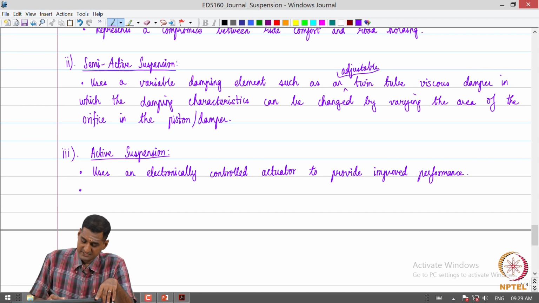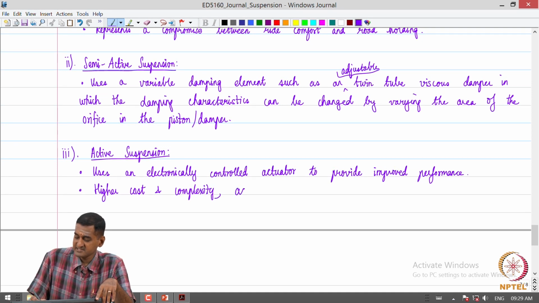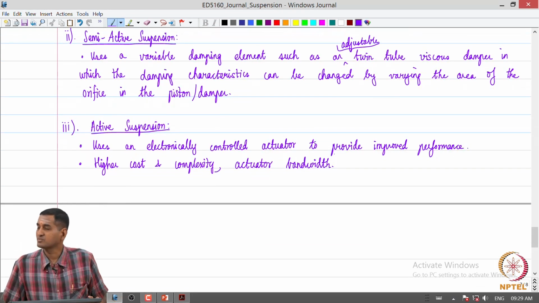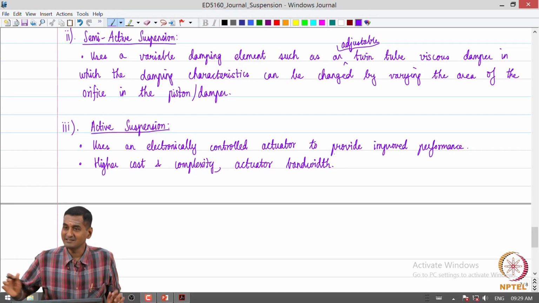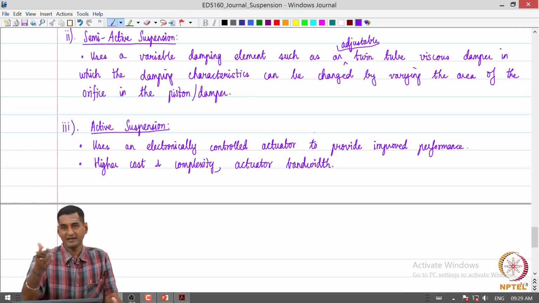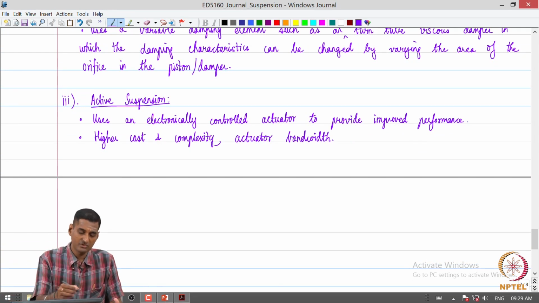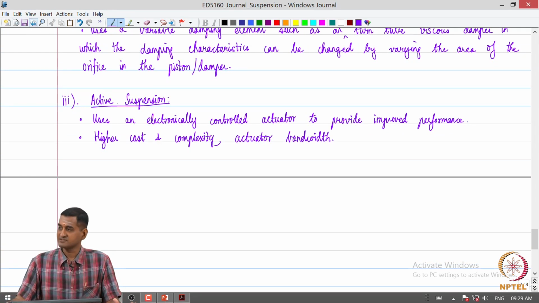Of course, it is very good, but then we have higher cost and complexity, and another important challenge is the actuator bandwidth, because we are going to have road inputs over a range of frequencies. So, the actuator should possess sufficiently high bandwidth to respond to a reasonably wide frequency range. Those are challenges as far as active suspension is concerned.